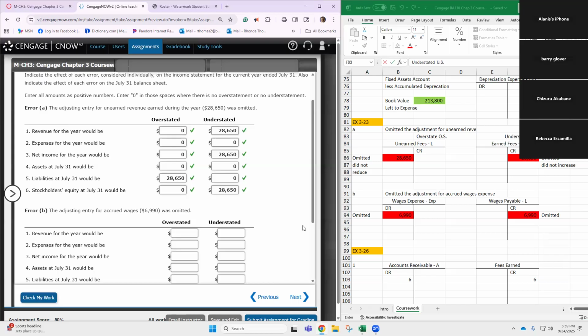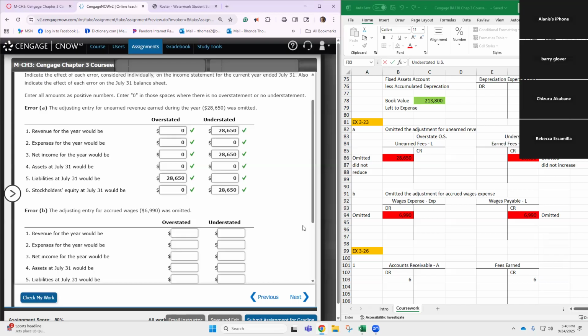But let's now go through what if we skip an expense. This is the one that's not so good. Draw two T accounts, please. One is going to be wages expense, and one is going to be wages payable, because it says up here this one is accrued wages.